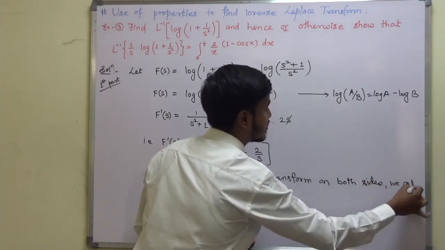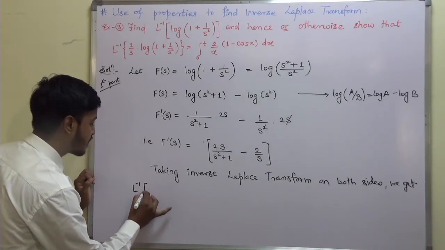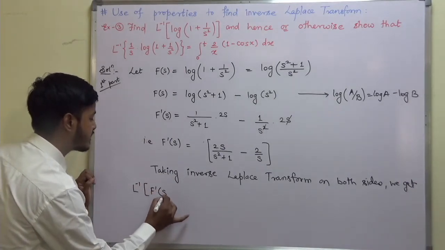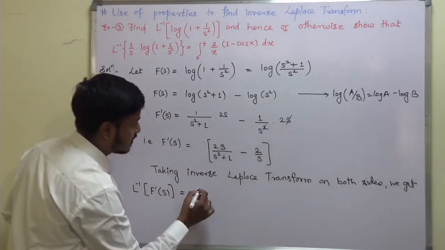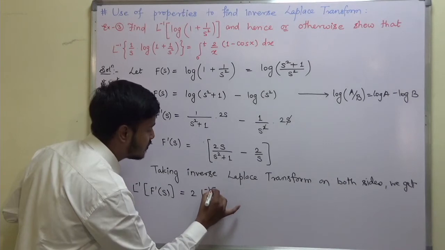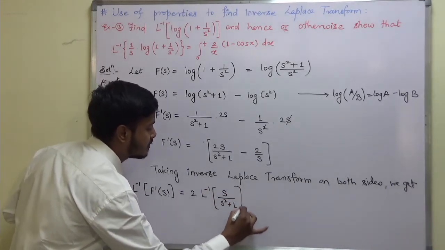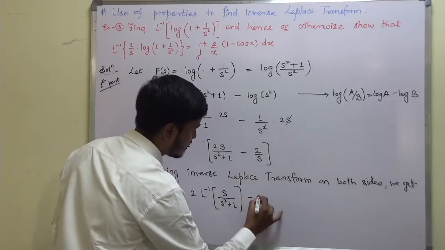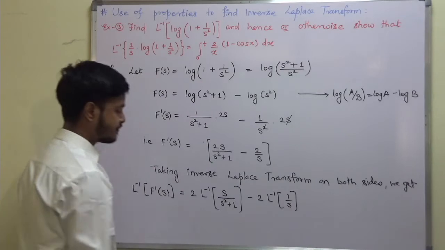So what will we be getting? L inverse of F dash of s is equal to 2 times L inverse of s upon s square plus 1, minus 2 L inverse of 1 by s.